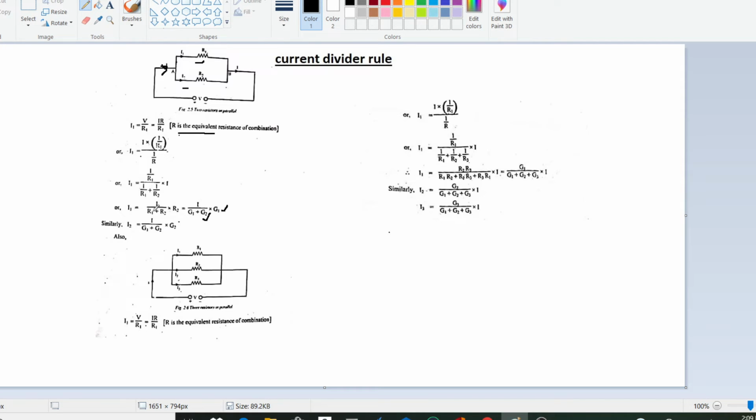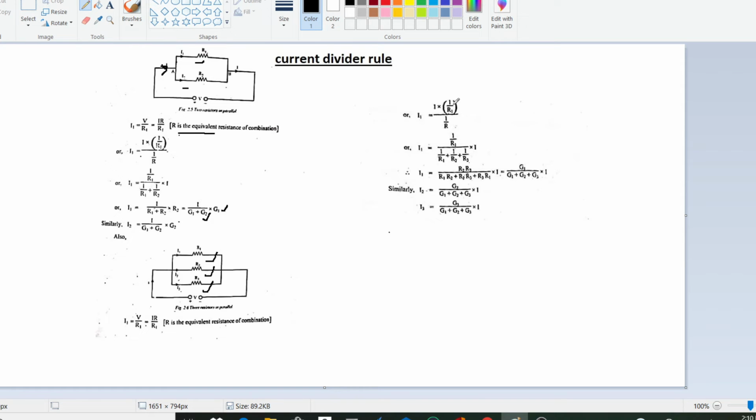Also, if R1, R2 and R3 are in parallel, suppose 3 resistors are in parallel. In that case, we can write I1 as V upon R1, and V is equal to I R upon R1, where R is the equivalent resistance of the combination.